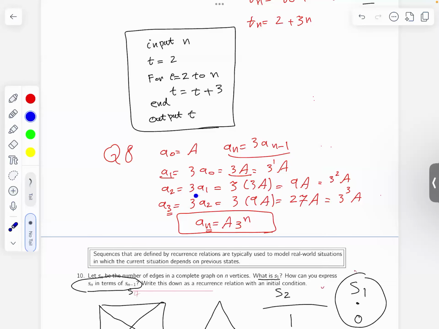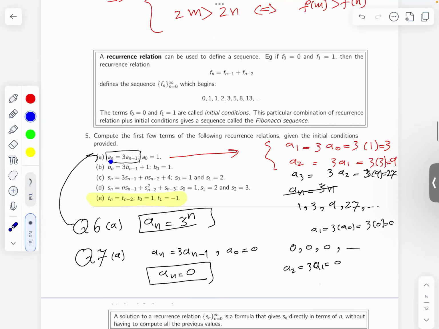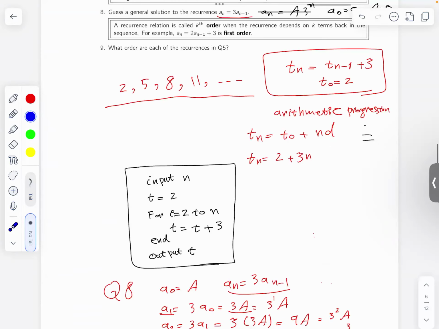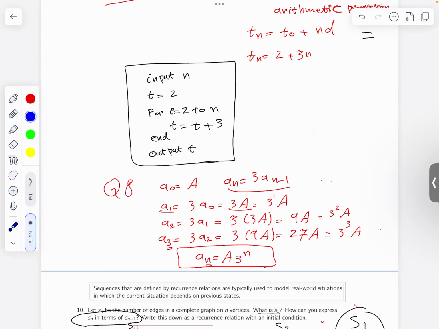A2 will be 3 times A1, 3 times 3A, 9A, which is 3 power 2 times A. A3 will be 3 times A2. A2 is already 9A, so this will be 27A. So An, the general solution for question 5, part A, without initial condition, will be A times 3 power n.